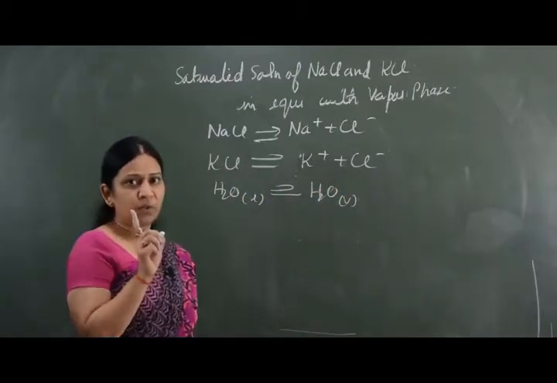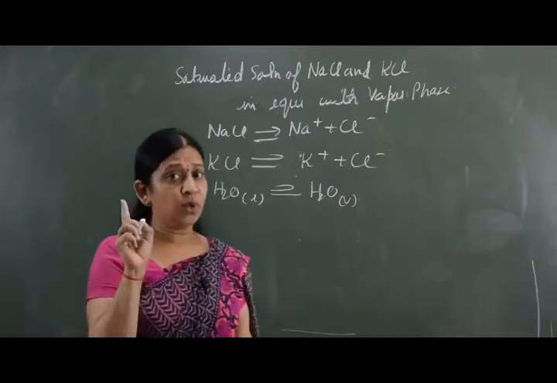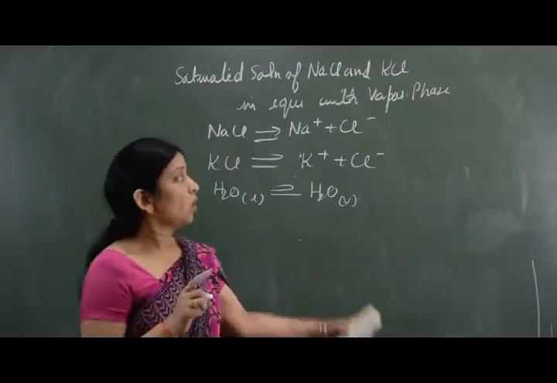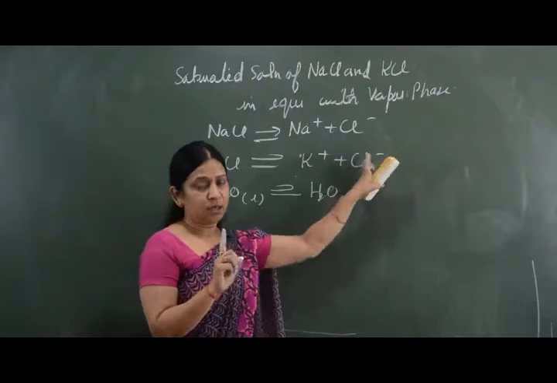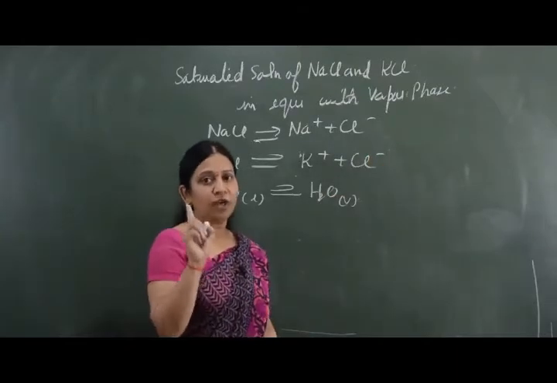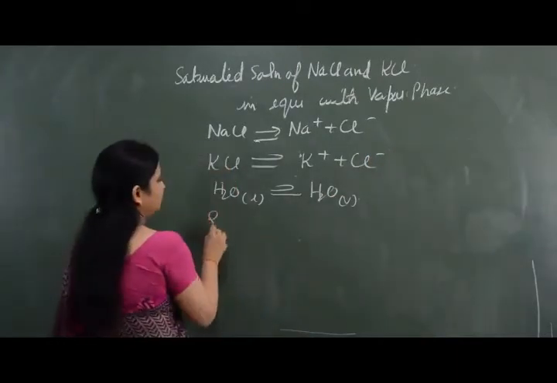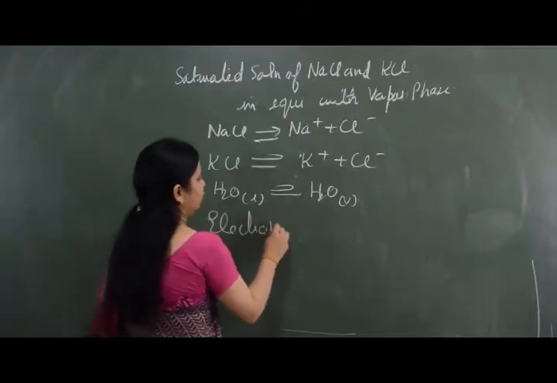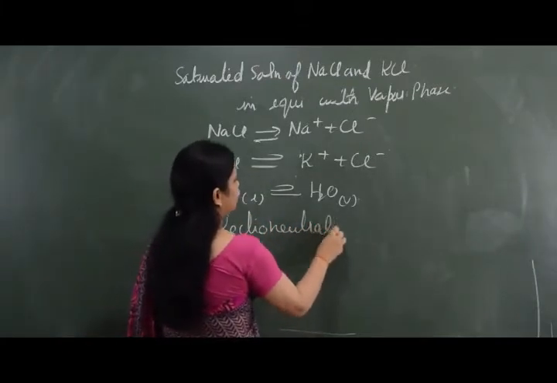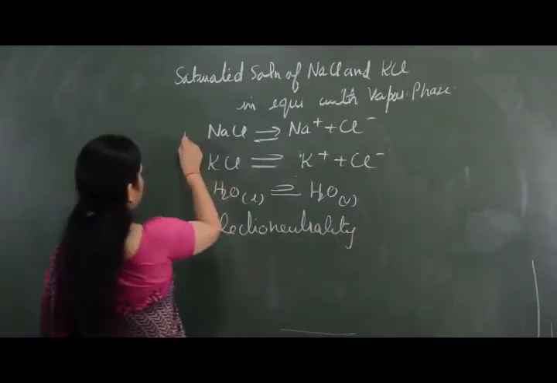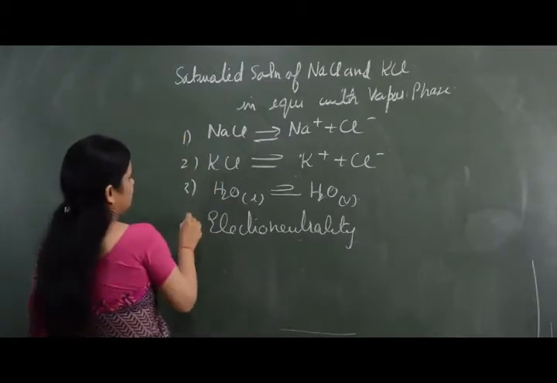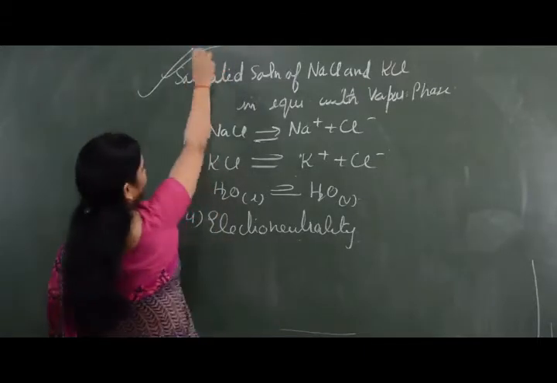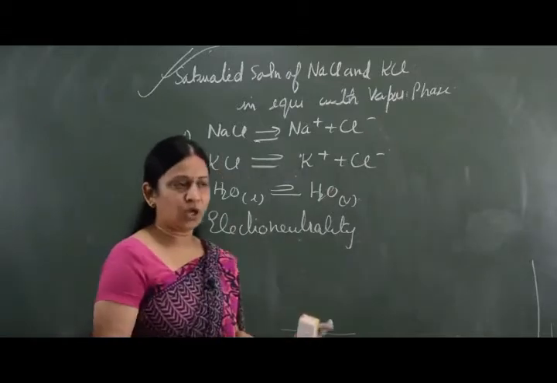So these are the 3 equations. The 4th equation we are going to write ourselves. Why? Because we have got cations and anions. And what is that equation? Equation of electroneutrality. This is the 4th equation which is written.